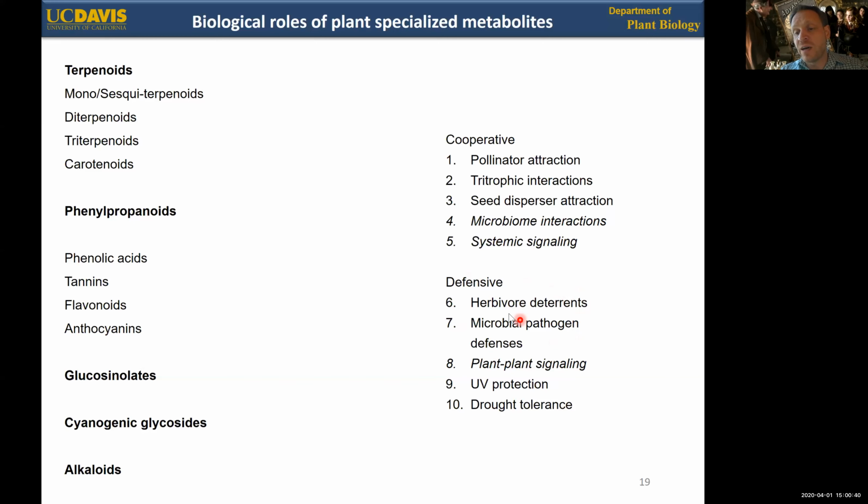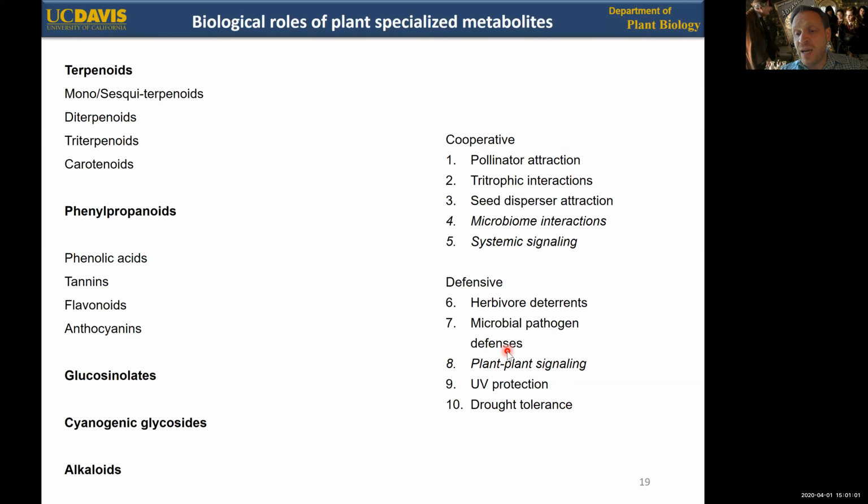They can be antifungal, they can be antibacterial, they can be both. And in some cases, we have also seen antiviral activities. And then again, plant-plant signaling can be involved here. Similar to our pollinator attraction up here, plant-plant signaling can also be defensive.